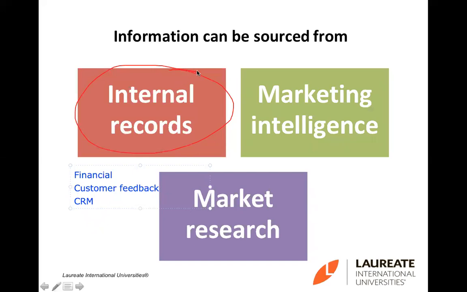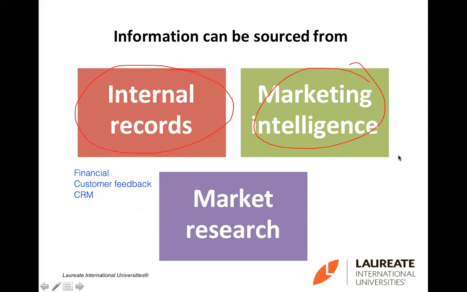The next one is market intelligence, which is basically about understanding our competitors; some people label it competitive intelligence. What are the specific sources for market intelligence? We can look at trade exhibitions, for instance, the announcements that our competitors make, their press releases, or their annual reports.